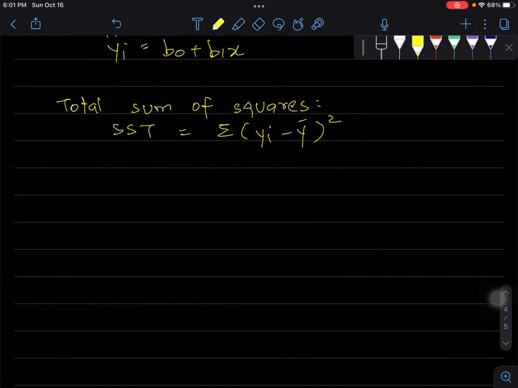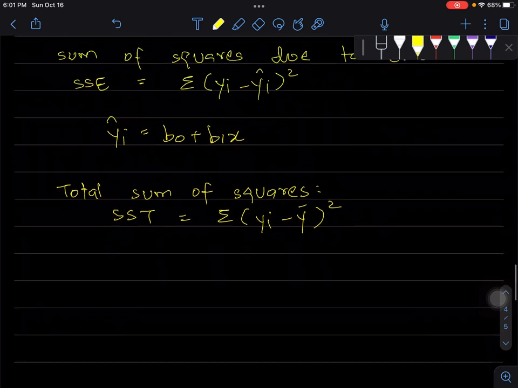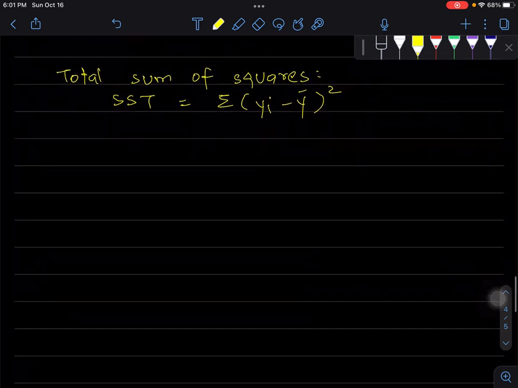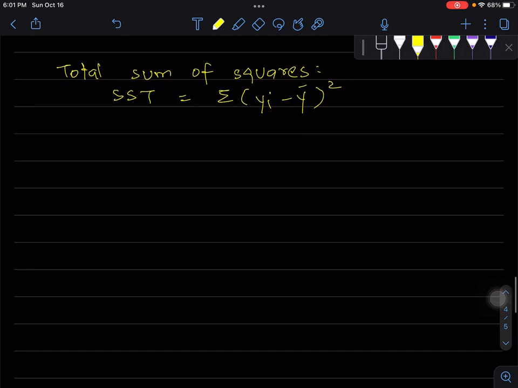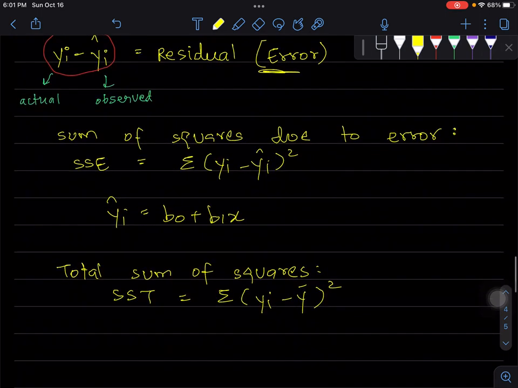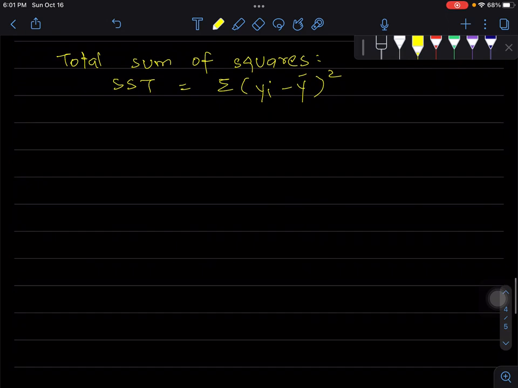And this was all about total sum of squares and sum of squares due to error. But there's another term called sum of squares due to regression, which we need. We are looking at all these terms, SST, SSR, and SSE, because we will use them later to find R-square values. But what does SSR give us?